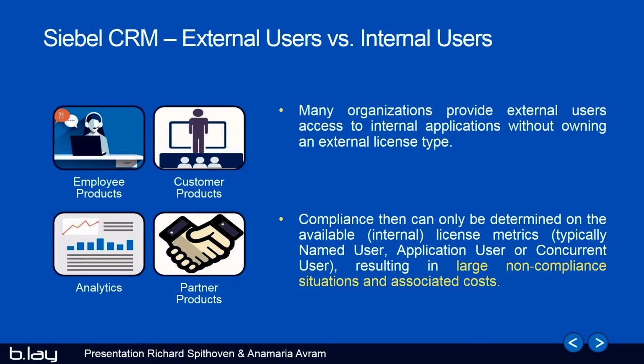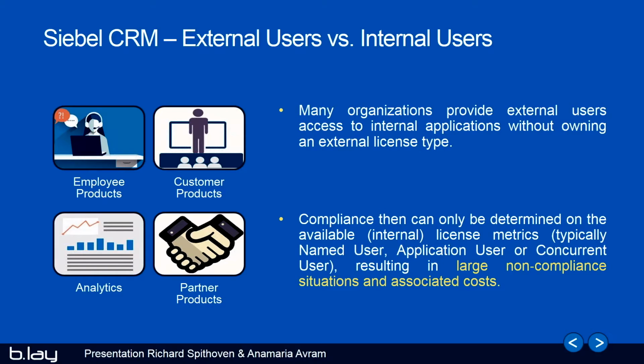The analytics were discontinued after Oracle acquired Siebel, and now they are part of the business intelligence applications of Oracle. But we are going to focus only on these three types of products: employee, customer, and partner.